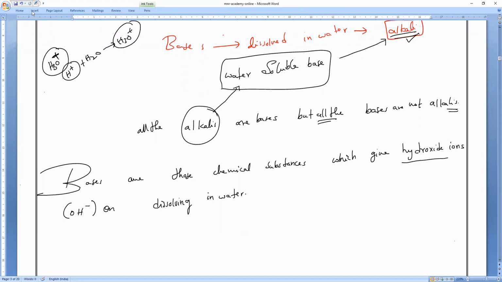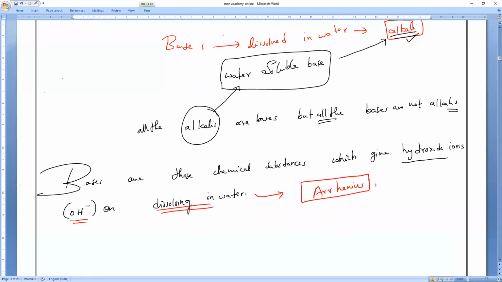Keep it in mind. We'll study that also. So acids form H plus ions or hydronium ions, and bases, on dissolving in water, form what ions? Hydroxide ions, OH minus. This definition is given by a scientist called Arrhenius.